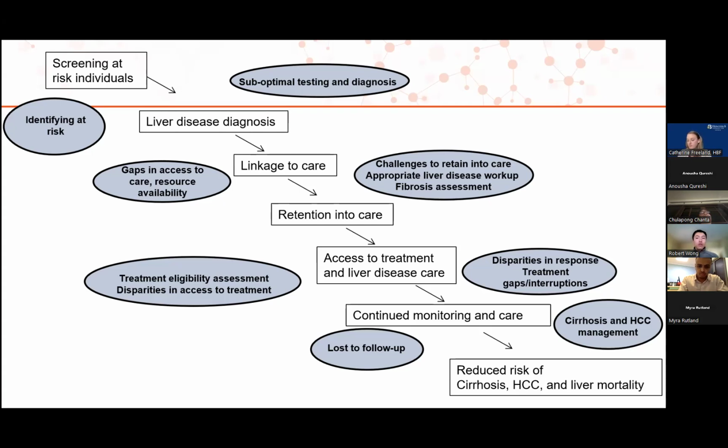And that's an area where there are huge gaps and disparities with timely linkage to care, because it's important to have continued laboratory monitoring for these patients to assess their treatment eligibility, need for liver cancer screening, and then ultimately get them plugged into appropriate antiviral therapy, which is the main aim to reduce, as you see at the end of the spectrum here, these poor outcomes, which include cirrhosis, HCC liver cancer, and of course, liver-related mortality.